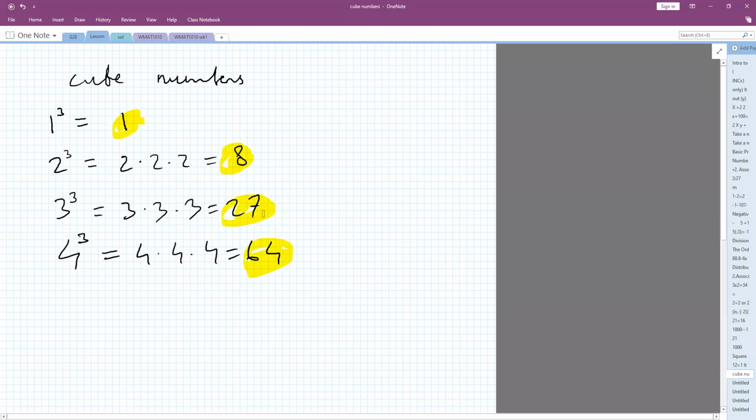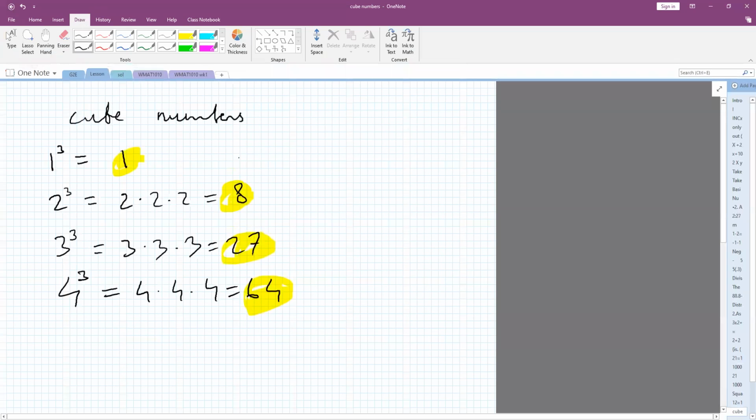Okay, so now I'm showing you these numbers 1, 8, 27, 64. They are examples of cube numbers, because you obtain these numbers by taking the power of 3 of a number.